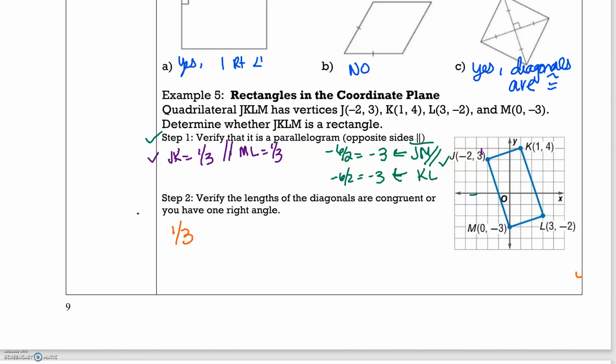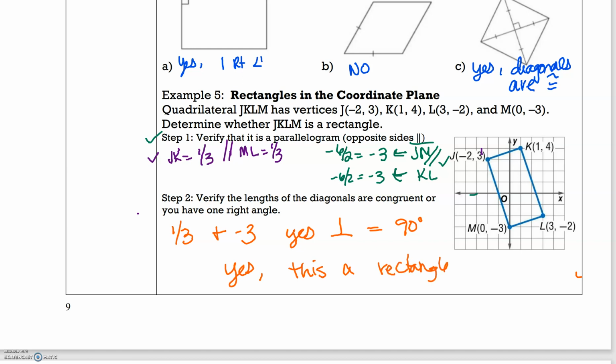So 1/3 and -3, and are these opposite reciprocals? Yes, perpendicular, which makes a 90-degree angle, or a right angle. So yes, this is a rectangle.